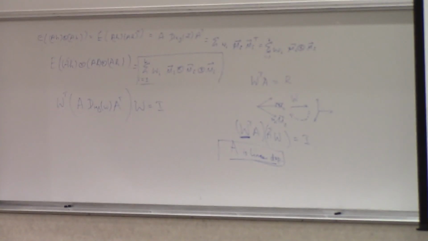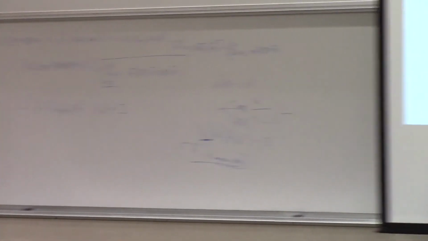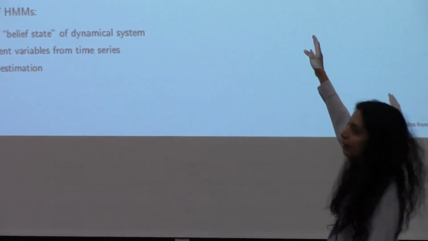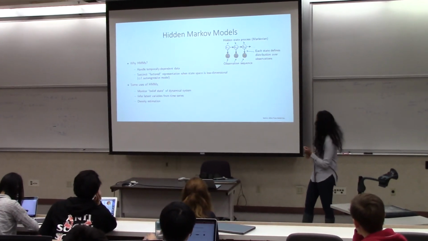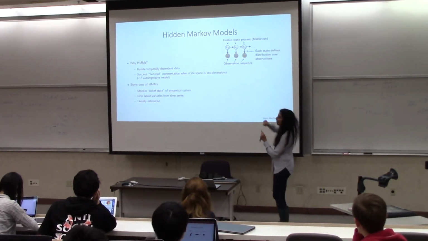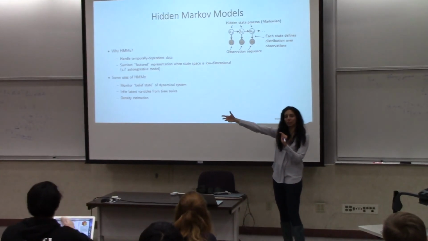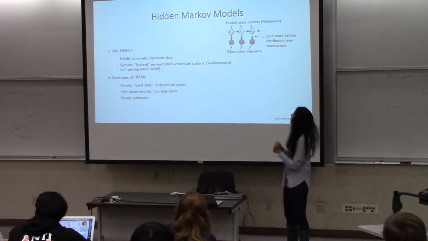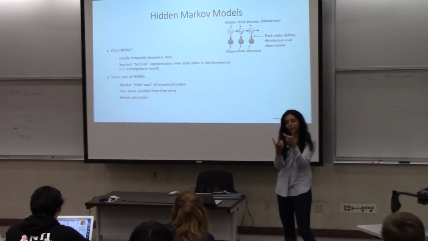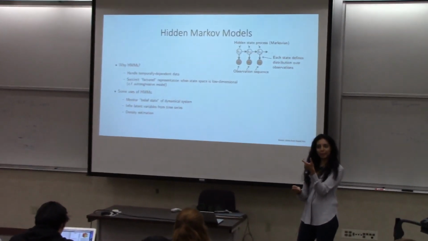There is a whole class of models that can have the same form, so don't worry about this. The hidden Markov model is another class. The difference from Gaussian mixture is that you have a temporal dependence. There is a hidden variable that does a Markovian transition at each time point, and you also have an observation: given that hidden variable, you're observing some variable x.